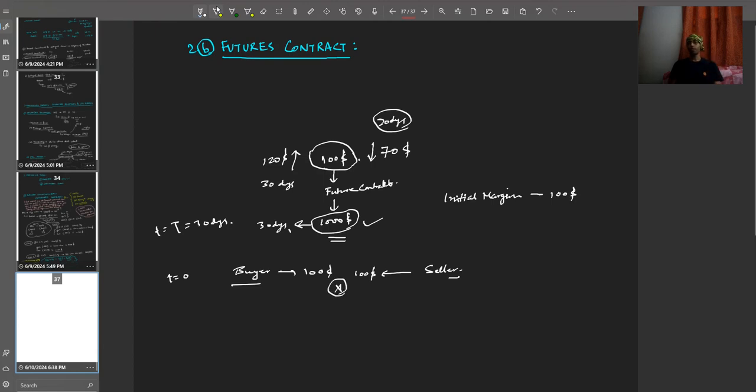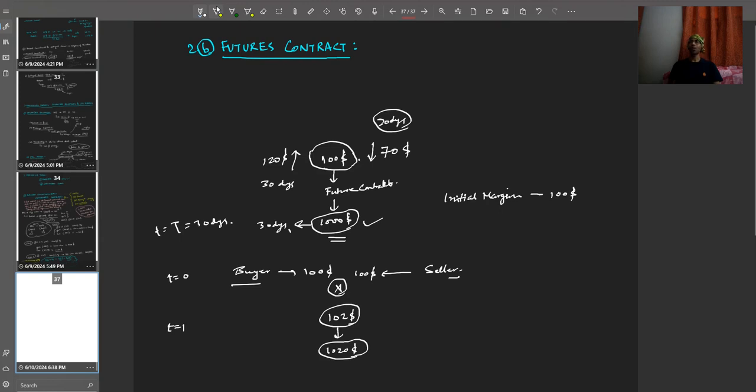Now this future contract through the exchange is marked to market at the end of each day. So let's say at the first day t equals 1, the stock price becomes 102. And for simplicity's sake, let us assume that the futures contract moves exactly in sync with the underlying. So the contract now is 1020. So what was $1,000 has become 1020.